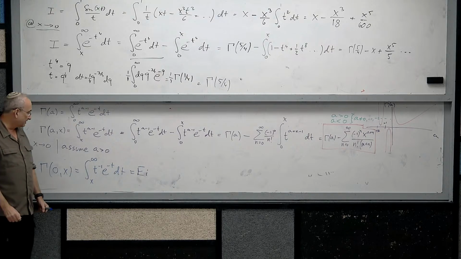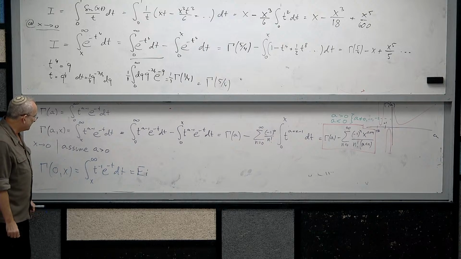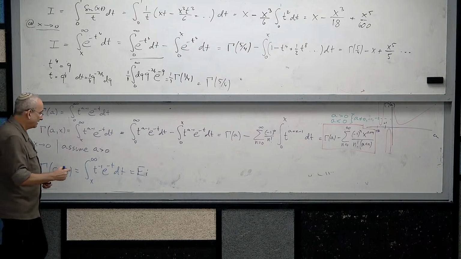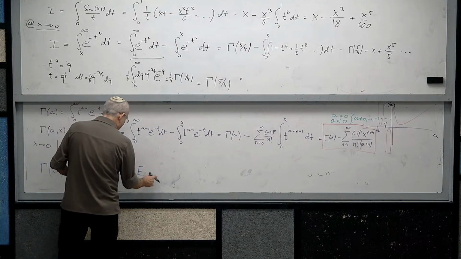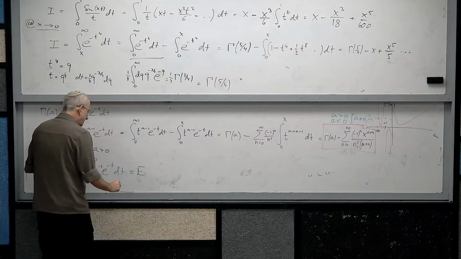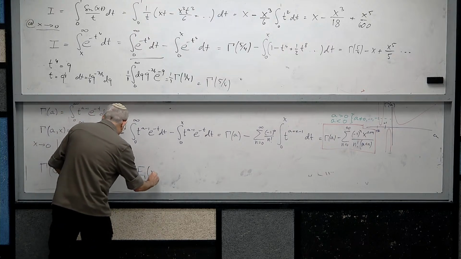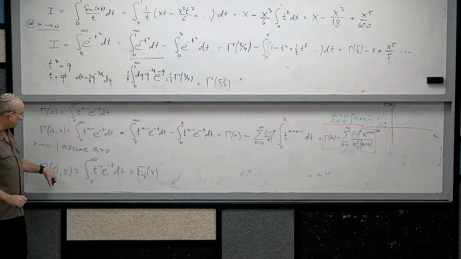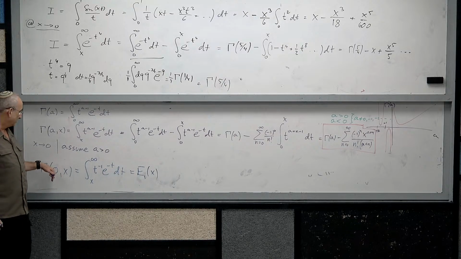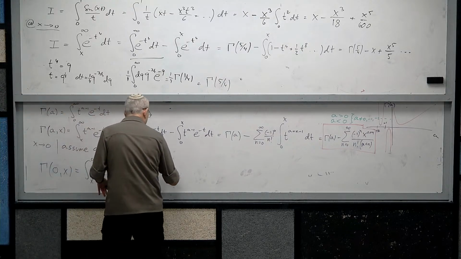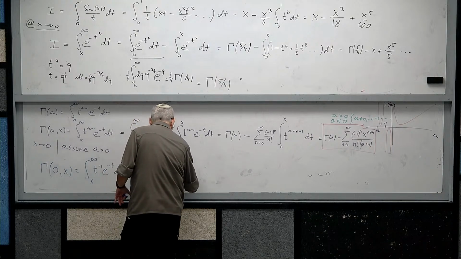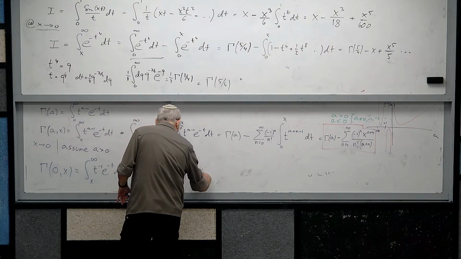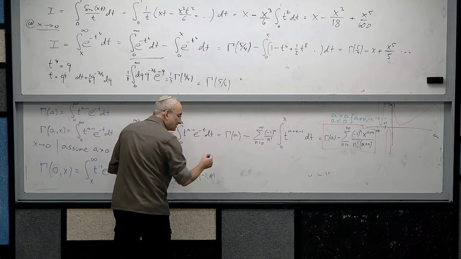The only problem is that people are using different notation, let me write it. People are using E1 of x is gamma of 0 and x. So this is the first exponential integral despite the 0 here. E2 will be gamma of -1 and x, and so on and so forth.